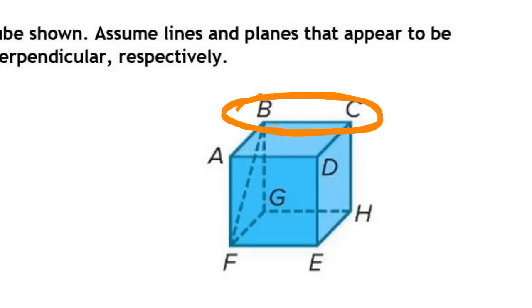So skew means not in the same plane, but also not intersecting. And I've got a cube right here to help us visualize this. So BC would be this back here. I want all of the lines that do not intersect with this, but are not in the same plane.